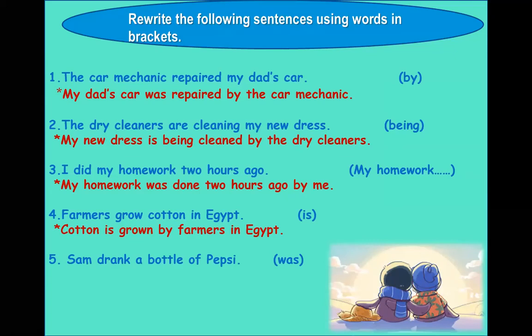Yes. Put in Egypt at the end or before the farmers. Cotton is grown in Egypt by farmers, or cotton is grown by farmers in Egypt. They are the same. But don't put in Egypt with the subject, because we are talking mainly about cotton. In Egypt will be at the end.